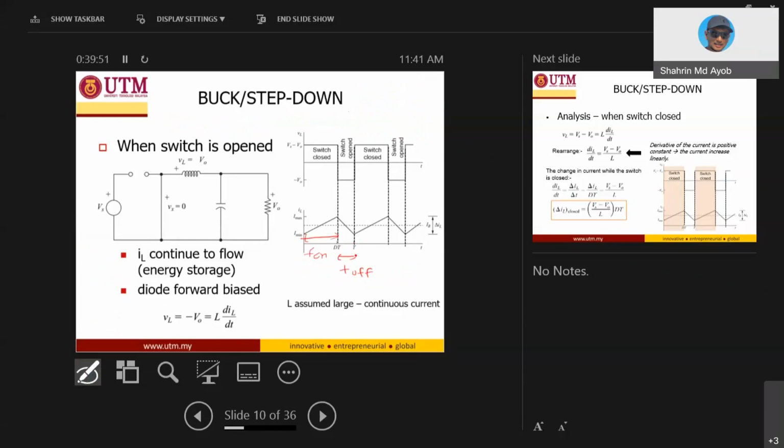Derive what is T off. Right now we know that T on is dt, right? So can you derive what is T off? From here you can derive.